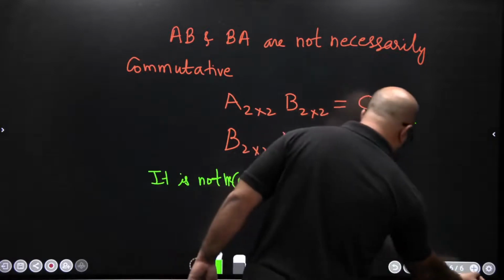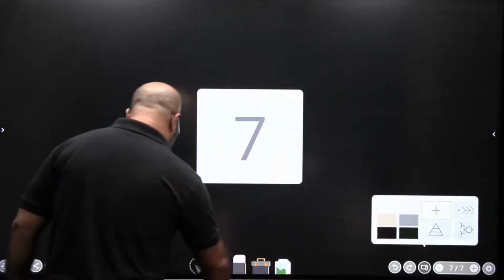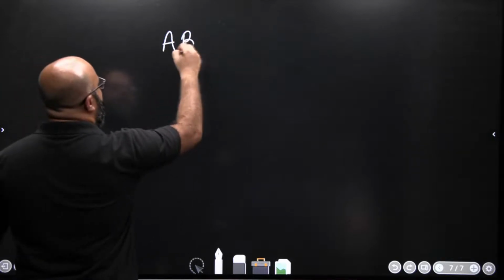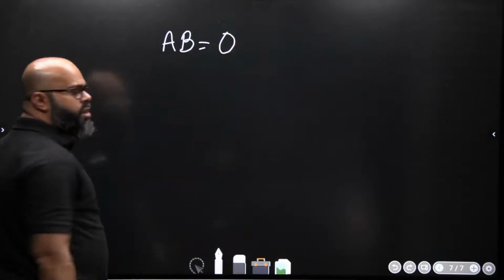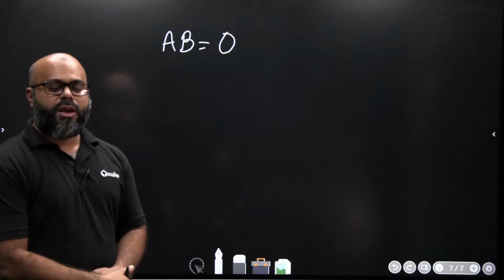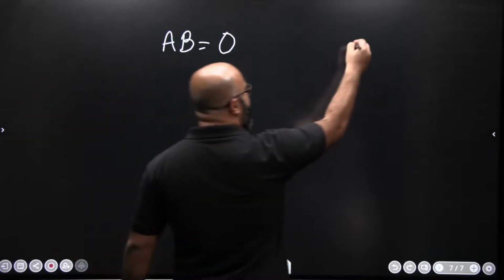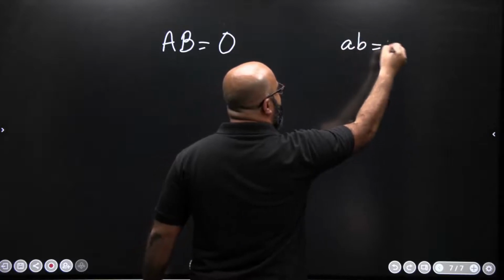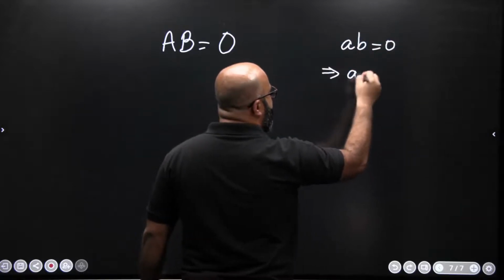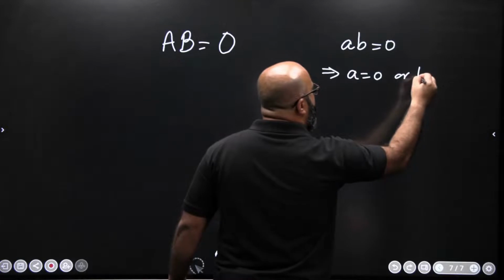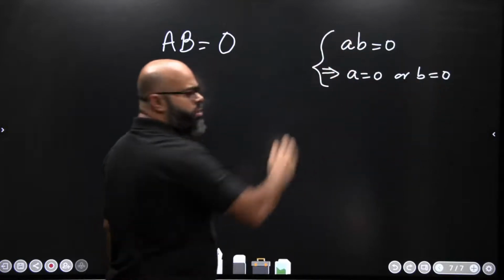One more property is very important here: if there is multiplication of A matrix with B matrix and we are getting a null matrix, does that mean that A or B, any one of them is null or both of them are null? Like in numbers, A multiplied with B is equal to 0, so either A is 0 or B is equal to 0. This is what we know about numbers.